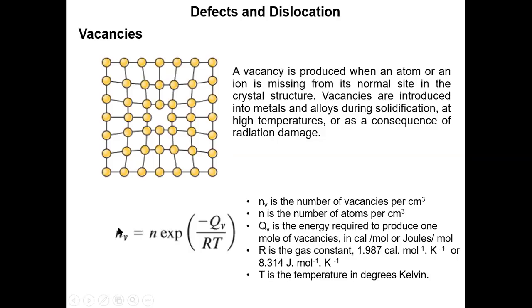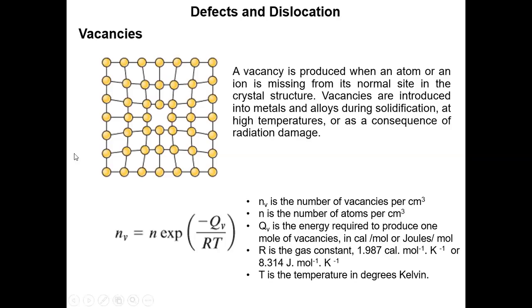Right? This equation: NV equals N exponential minus QV over RT. Right? So we'll see what these different symbols represent.